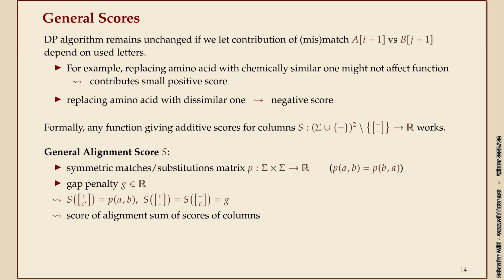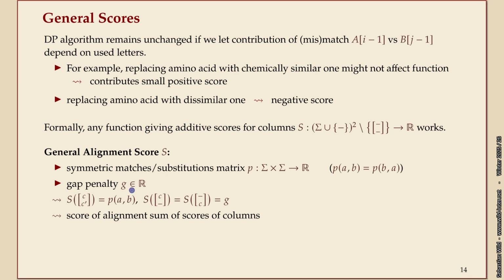In full generality, what the algorithm can support is any kind of score that gives every column in an alignment some value, so that the total score is the sum of the column values. And by column here, I mean the two characters on top of each other, not the columns in the matrix.